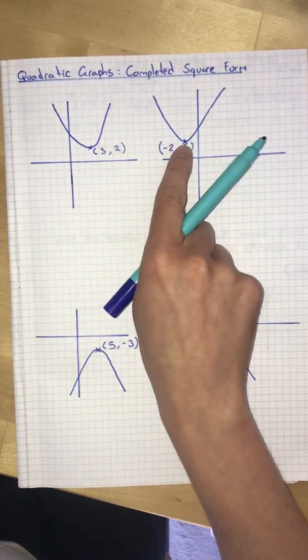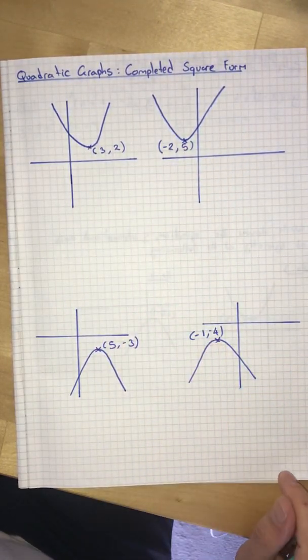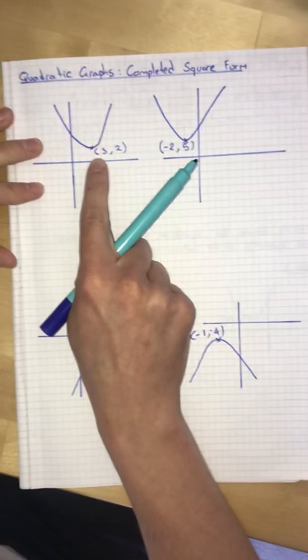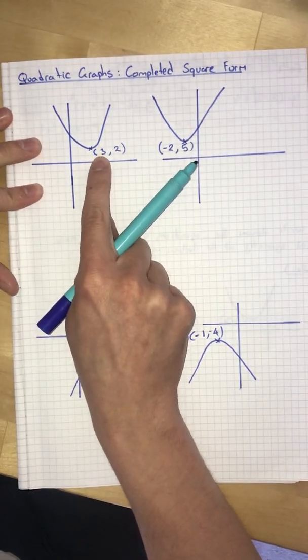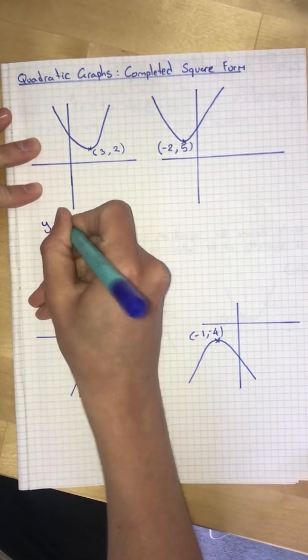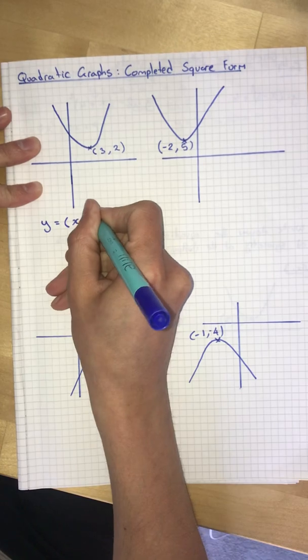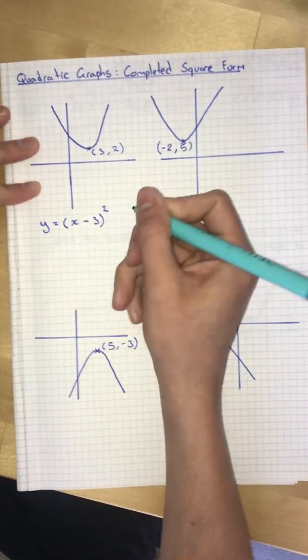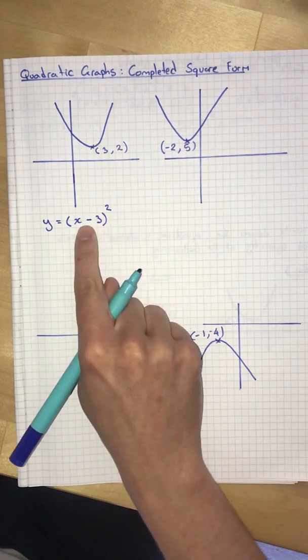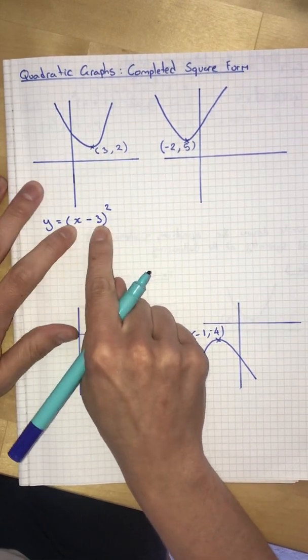So I've only given you the turning points here, and I'm hopefully going to show you how to find the equation of the graph. Okay, if you see here, the x coordinate is 3. Right, so I changed the sign of the x coordinate and put it inside a brackets with an x and squared it.